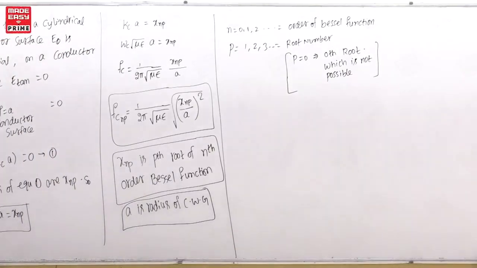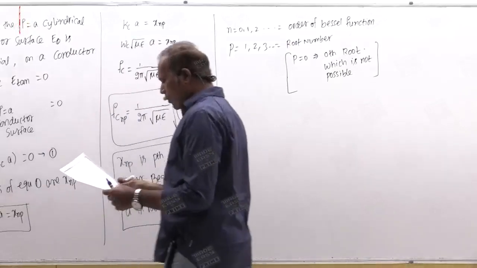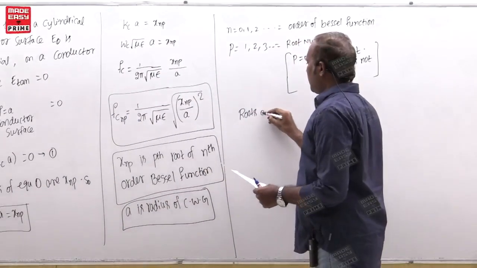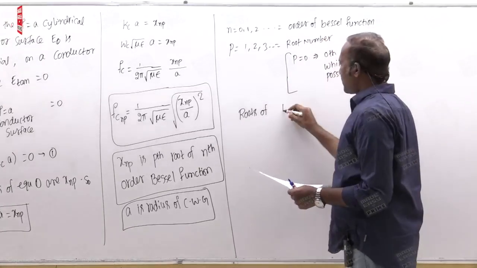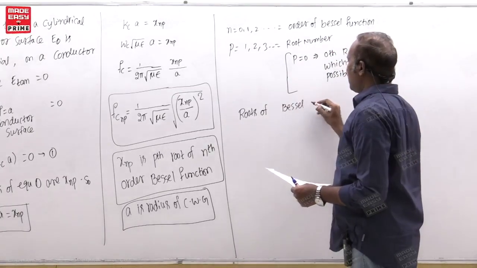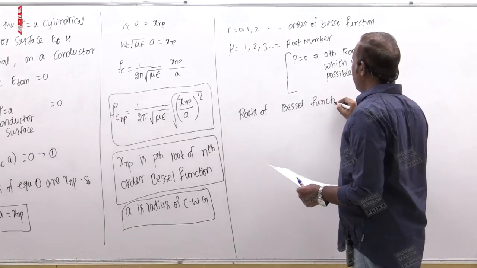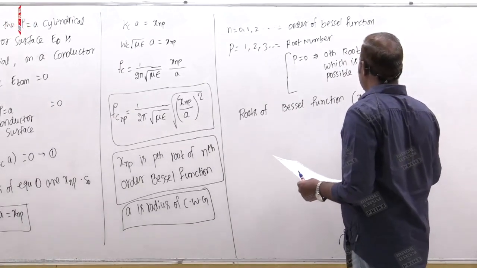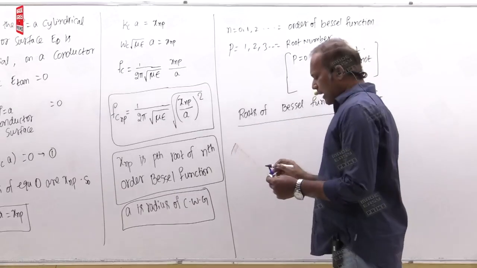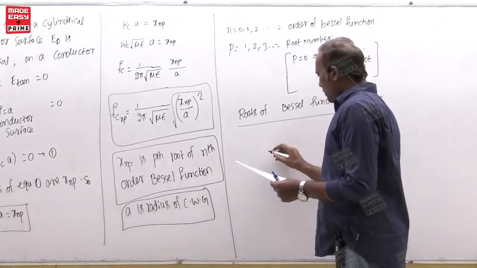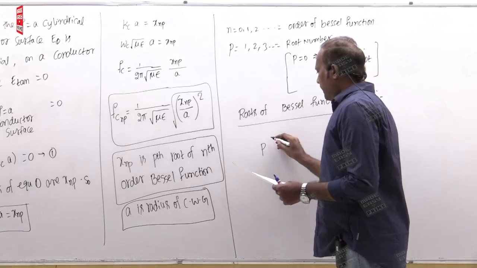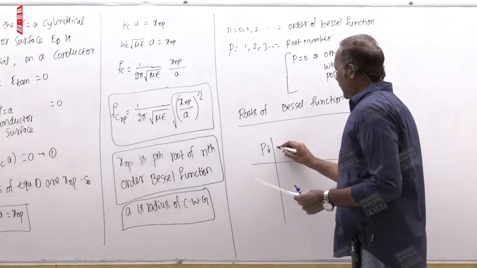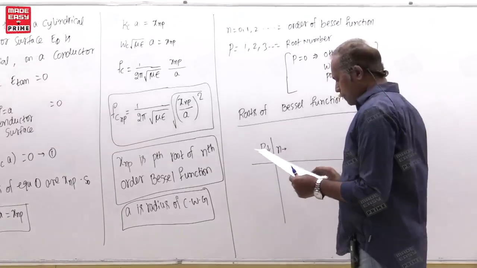You can see the roots of the Bessel function. I think in communication systems you will remember all these things, but anyway here it is not required. Nobody will ask you. So here p is in this direction, n in this direction.